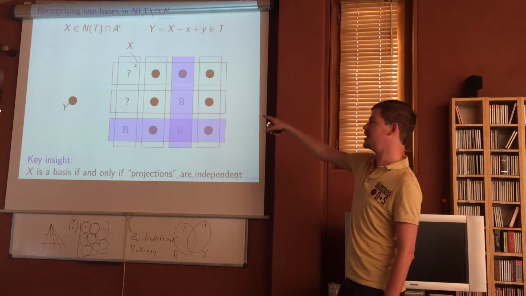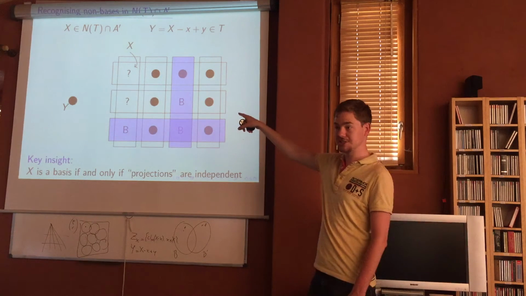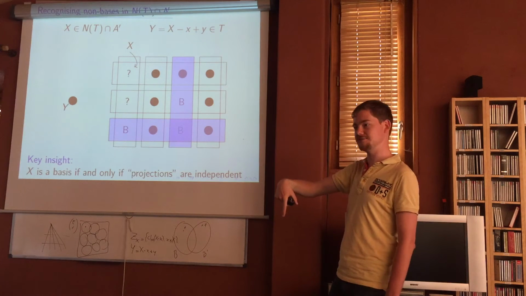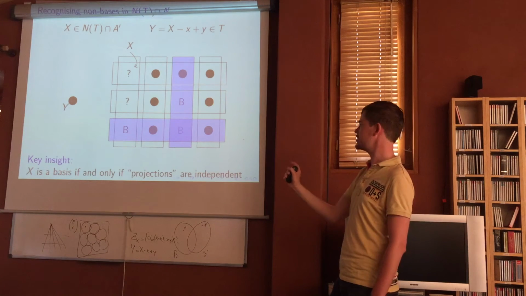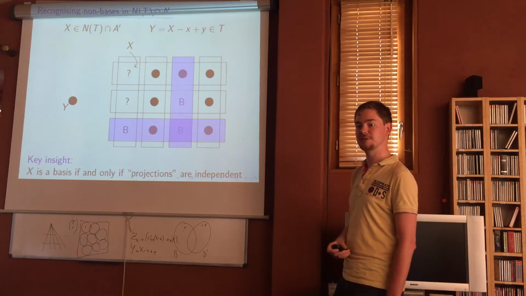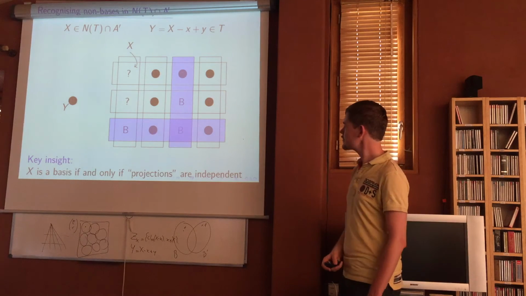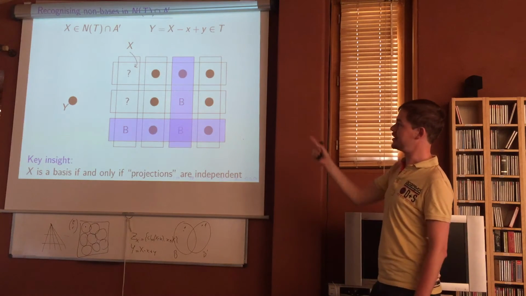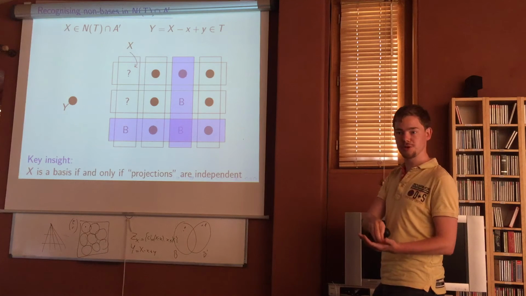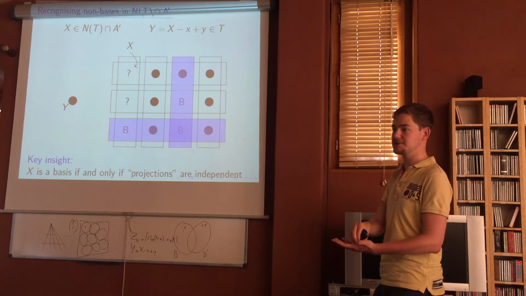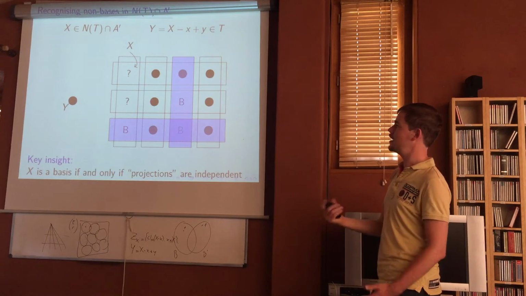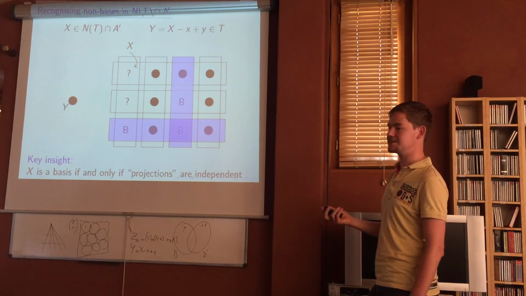In the same fashion, if X had been on the second row, it would meet a basis if you go down, and it would meet a basis if you go to the right. So it has to be a basis. And this covers all the remaining vertices that are in the neighborhood of the maximum stable set that we chose, and the intersection with A prime.